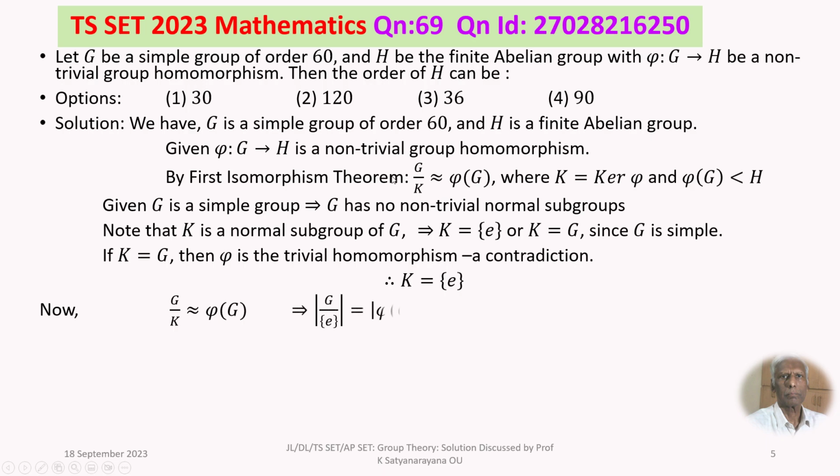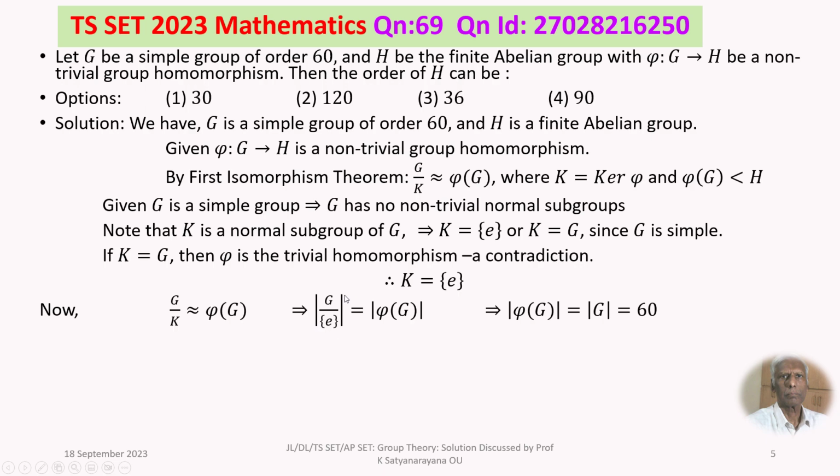Now, G by K is isomorphic to phi of G, which we have already seen, and taking the modulus, this implies the order of G by K is equal to the order of phi of G. But K is equal to the singleton set consisting of e alone.